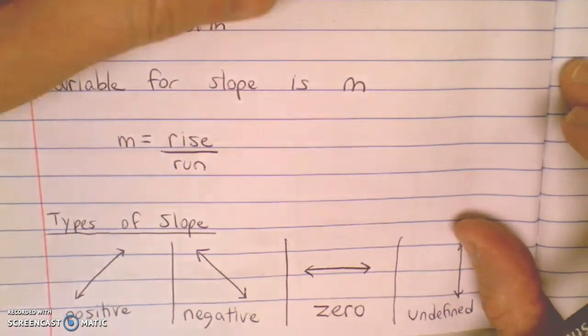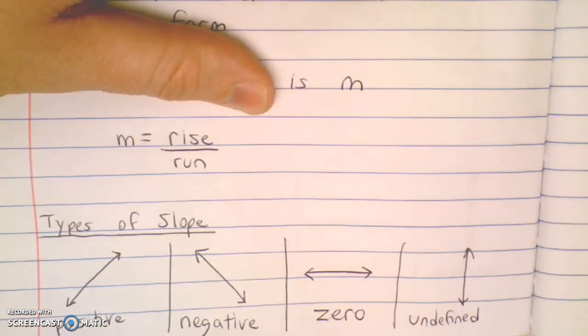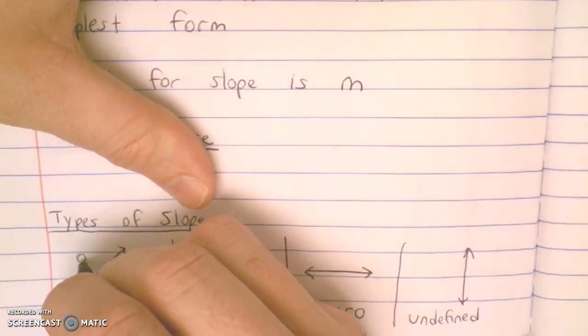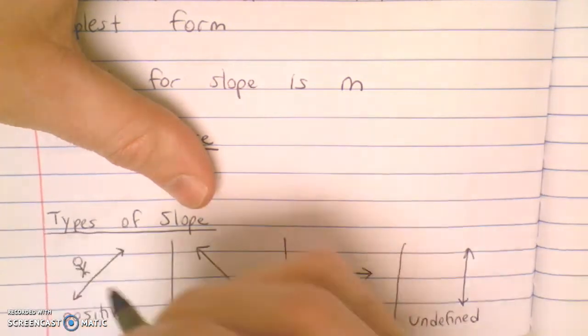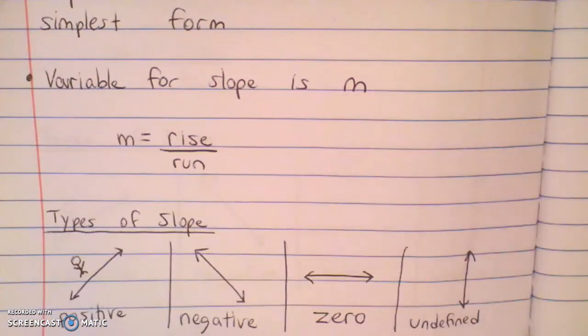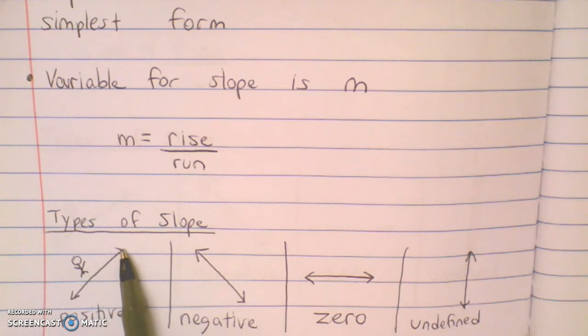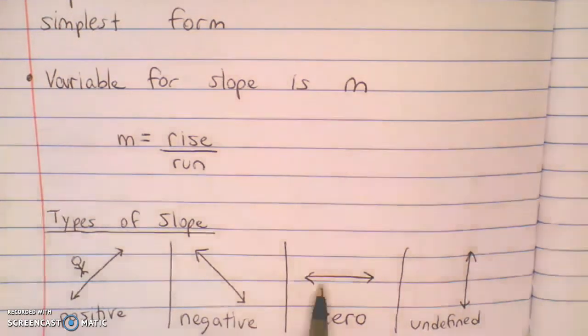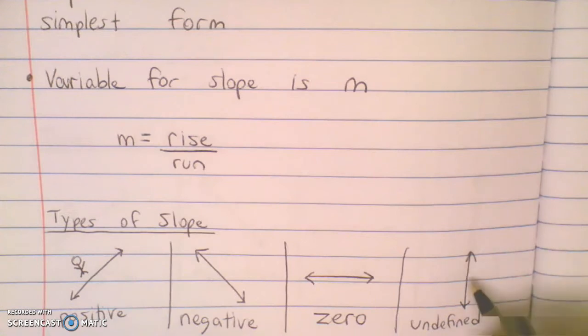So the best way to think about slope is like think if you were a person walking on a hill. If you're going uphill, that's positive. If you're going downhill, that's negative. There is 0 slope when you're walking in a straight line, that's horizontal. And then if you were going down this line, you'd be falling pretty rapidly, so that one's undefined.